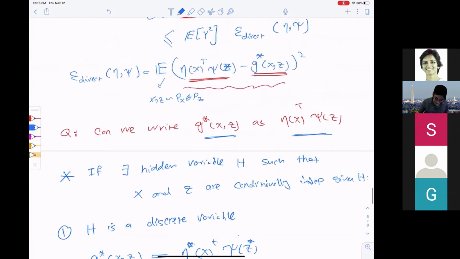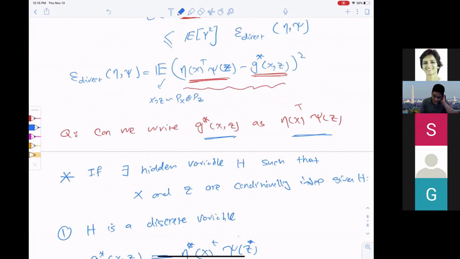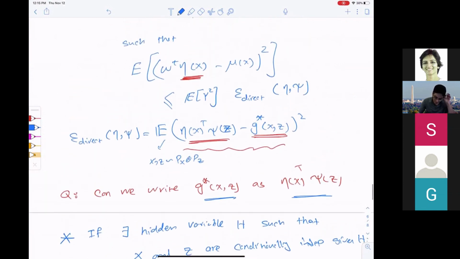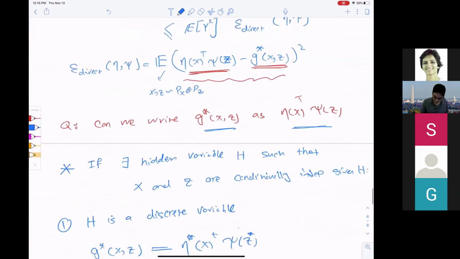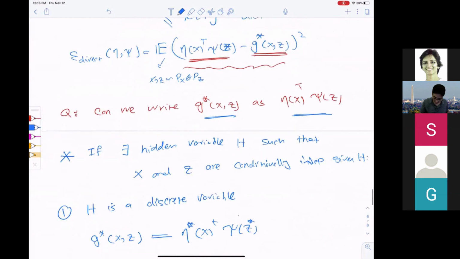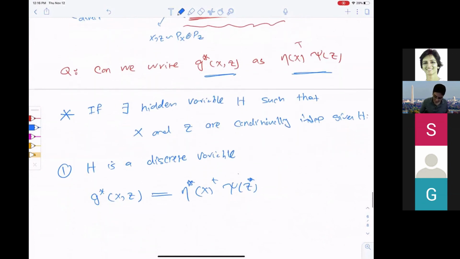And then I can use this lemma to show that this error is in fact 0, then w transpose of mu of x would be exactly the same as mu of x. So here I'm done.